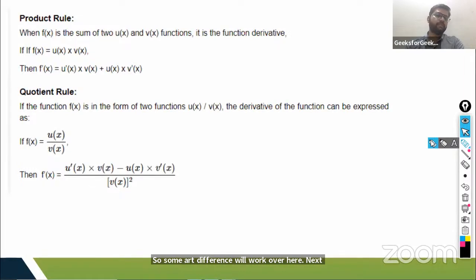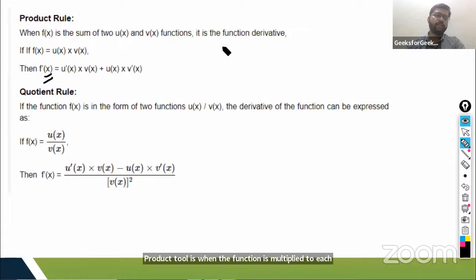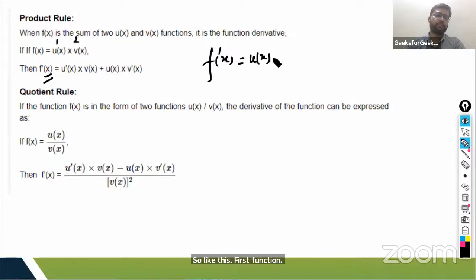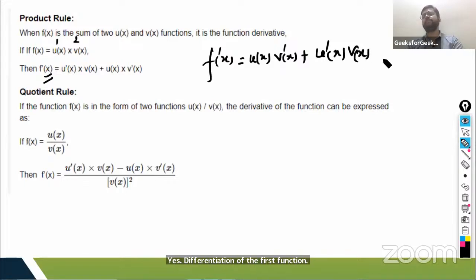Next, the product rule. When the functions are multiplied with each other, the differentiation of the product is equal to, suppose we have u(x) as the first function and v(x) as the second function: first function into differentiation of the second function, plus differentiation of the first function into the second function. Okay, so this is our product rule.